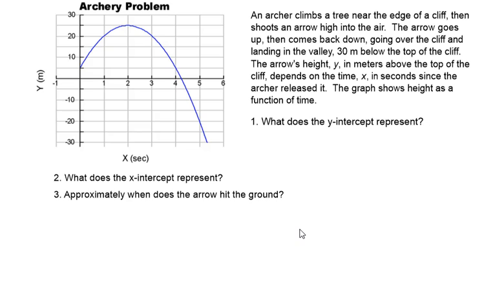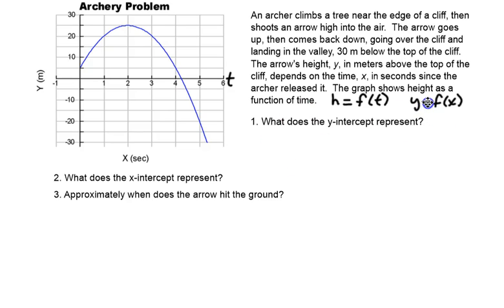So when we say height as a function of time, we say h equals f of t. In other words, if we put t in on the x-axis, time on the x-axis, then height is on the y-axis. So we could say y equals f of x, where x is time and y is height.